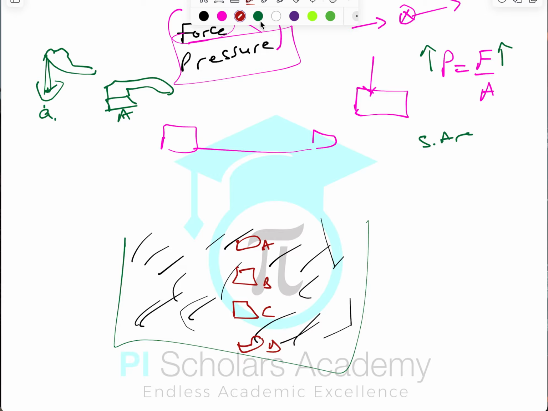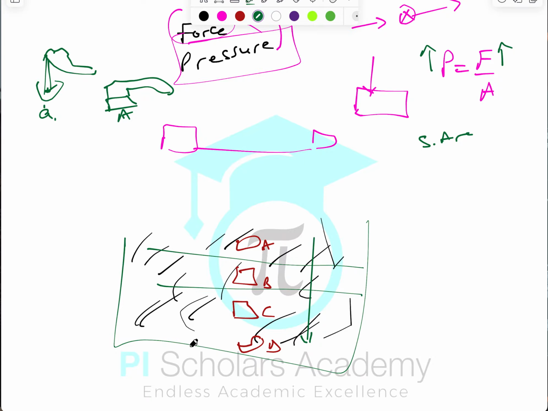As you begin to go down in the fluid, the pressure increases, which implies that at different levels in the fluid, you will always experience different amounts of pressure, where you have the smallest amount of pressure at the surface, and it increases as you go down to the extreme depth of that fluid. So pressure is always increasing with depth.